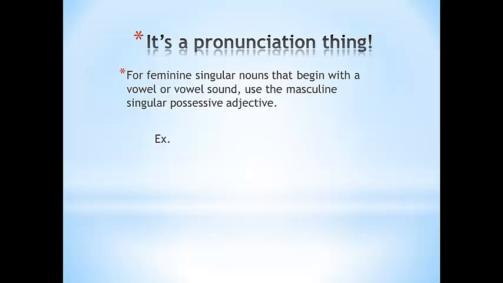Okay, so if we have the word friend, and we want to have it be a female friend. Okay, so we want to say amie, with the e, and we want to say your female friend. Okay, so you would think that because you have a feminine singular noun that you would want to use ta.